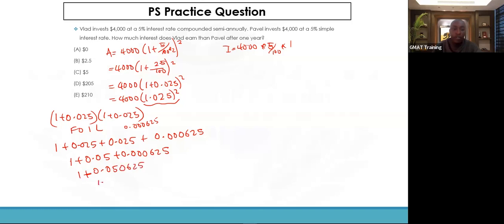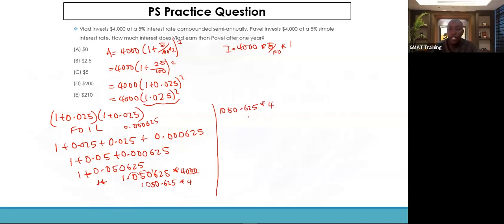This is 1.050625. We need this times 4,000. How can you do this? We can eliminate 3 zeros, or say do 1.050625 times 1,000, which gives 1050.625, times 4.